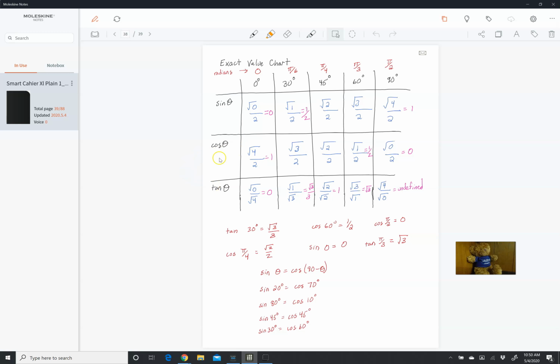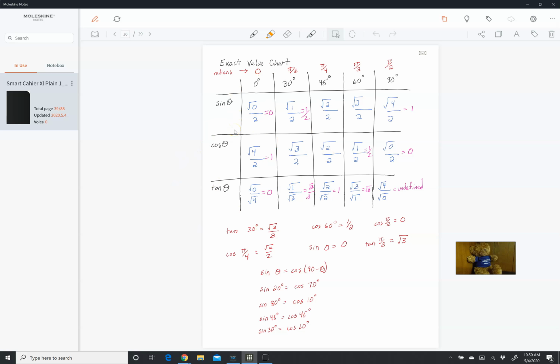If the cosine of 30 is square root of 3/2, then the secant of 30 is 2 over the square root of 3, or 2 square root of 3/3 if we rationalize the denominator. Okay, so you can see that we could figure out all 6 of the trig functions.